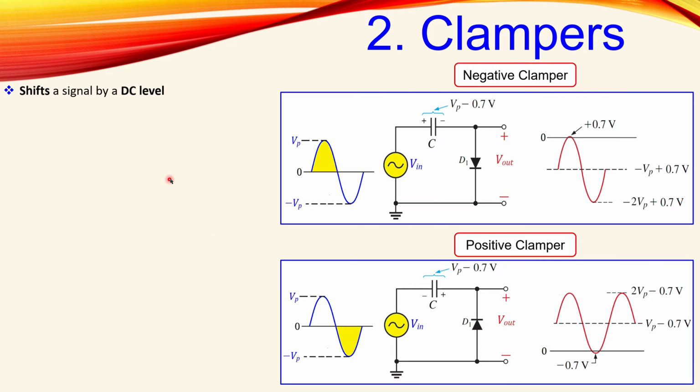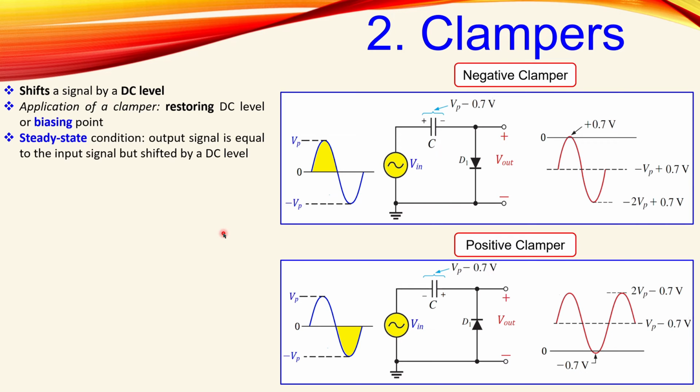So we have the following characteristics. It shifts a signal by a DC level up or down depending on the configuration of your diode. An application of a clamper is restoring your DC level or a biasing point. It could be that the biasing point of your transistor or your amplifier is a little bit down or up from what you have designed for, so you can adjust this using a clamper circuit.